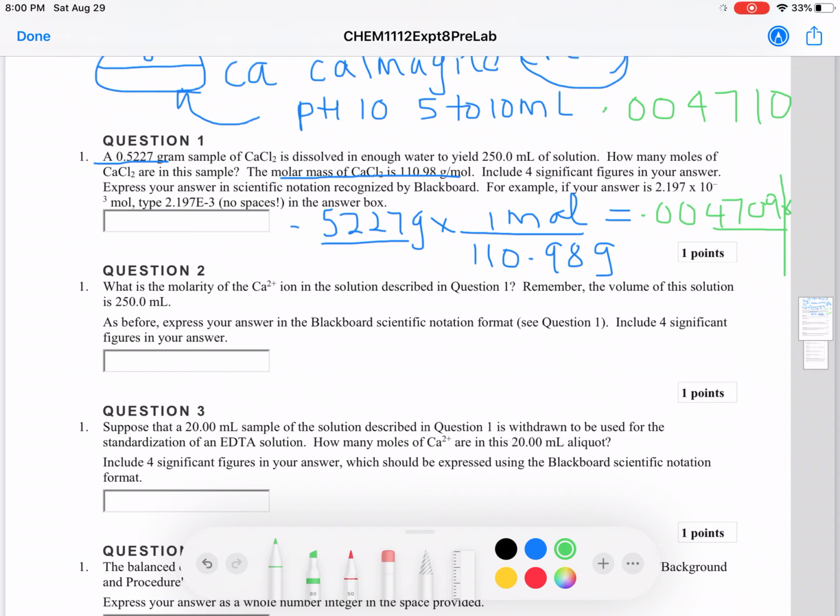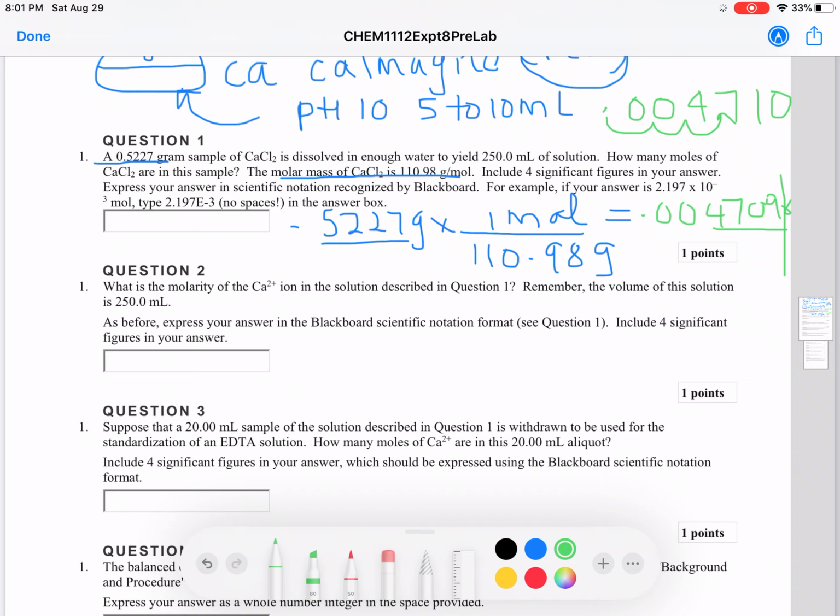Now you're going to write the answer in scientific notation. The example given here: if your answer is 2.197 times 10 to the negative 3 moles, the way you type it is 2.197, then you write E and then negative 3, without raising it as a power, on the same line. So we can put this in exponential notation. You move your decimal 3 times to the right.